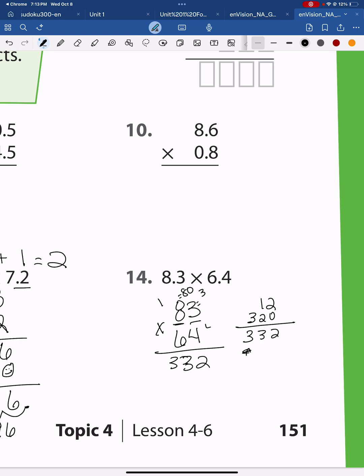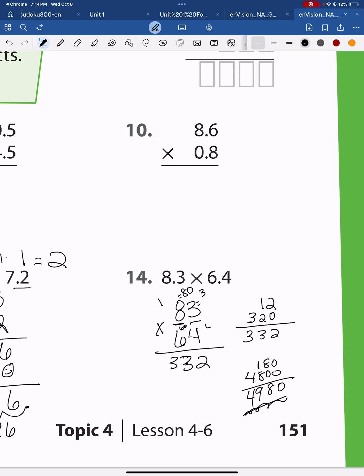Now let's multiply it out over here. So essentially you're not multiplying 6 times 3. You're multiplying 60 times 3, which is 180. And you're multiplying 60 times 80, not 6 times 8, which is 4,800. And then you add that together, and you have 4,980.